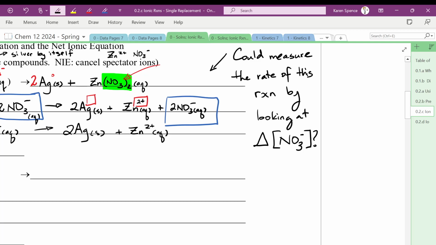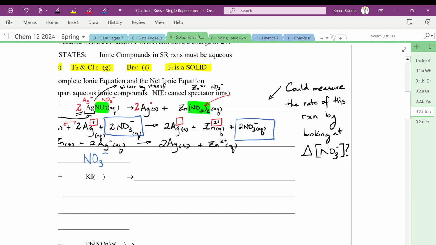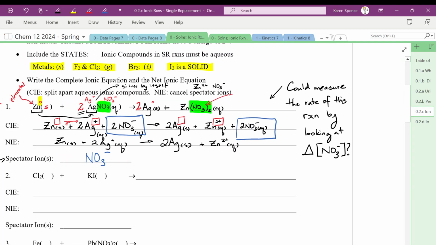Tell your partner what you think about that one. And if your partner's asleep, wake them up and ask them.